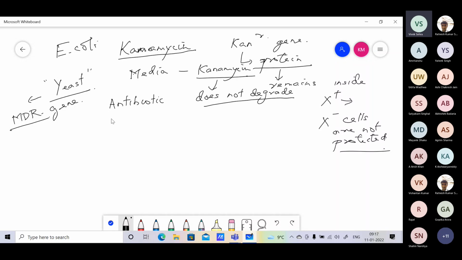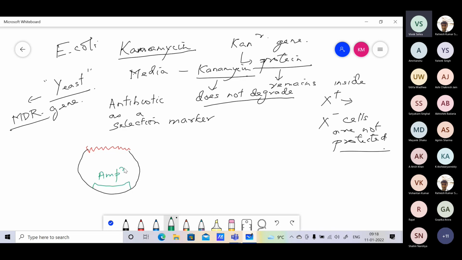You understand what I mean by selection? Antibiotic as a selection marker. Selection marker means something which will select for your desired cells. Remember, we were having the plasmid, which is carrying the gene of your interest, which is what you want to insert into the cell, because that is what will finally produce the protein. And this also carries a selection marker, the ampicillin resistance.